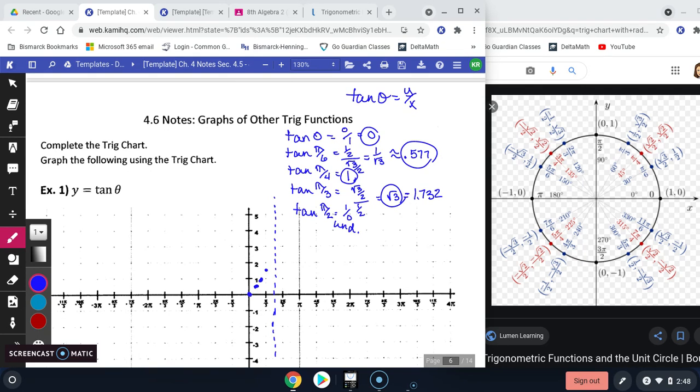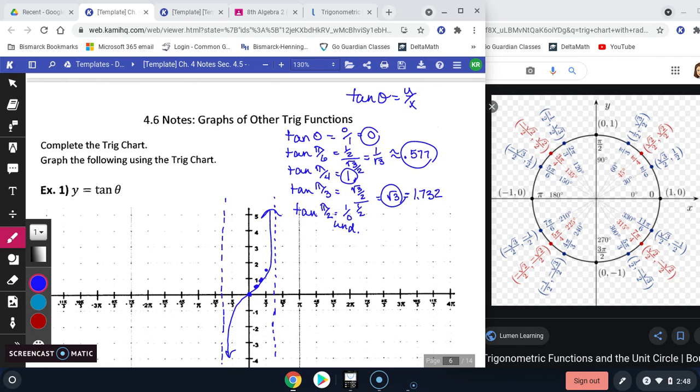What happens with tangent is there's also a vertical asymptote at negative pi over 2. If you go to the negative, we could do a negative pi over 6, a negative pi over 3, and so on. You're going to get points that are down here, and then they come up and do that.